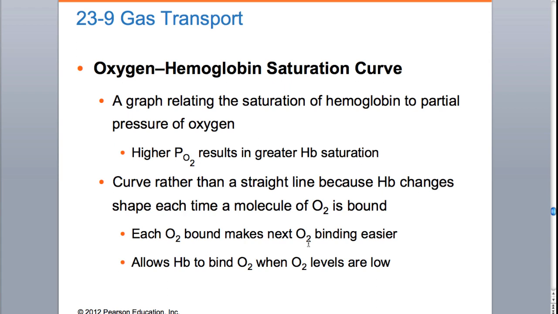The more oxygen that pops off, the more oxygen wants to pop off too. It's a little like monkey see, monkey do. More oxygen comes on, more oxygen comes on. More oxygen comes off, more oxygen comes off. Okay. Next line.